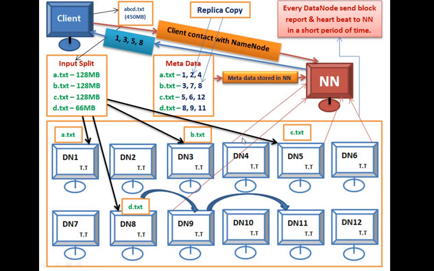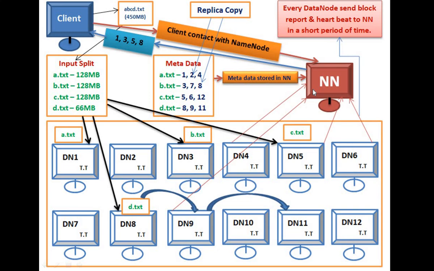As we know, the master service NameNode and the slave service DataNode communicate with each other, and the DataNode sends each block report to the NameNode after a short time, it might be 10 seconds.